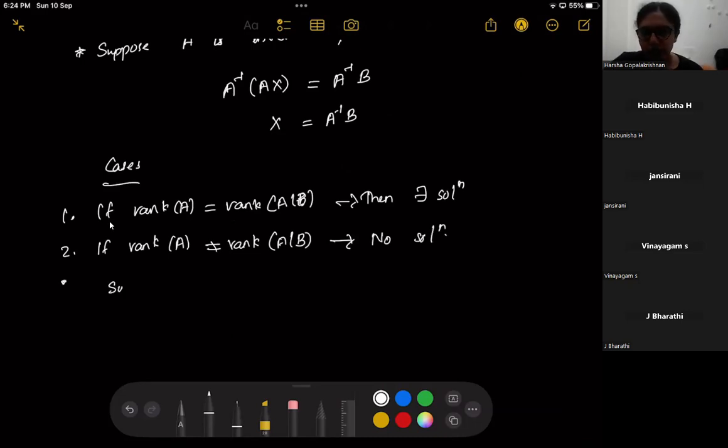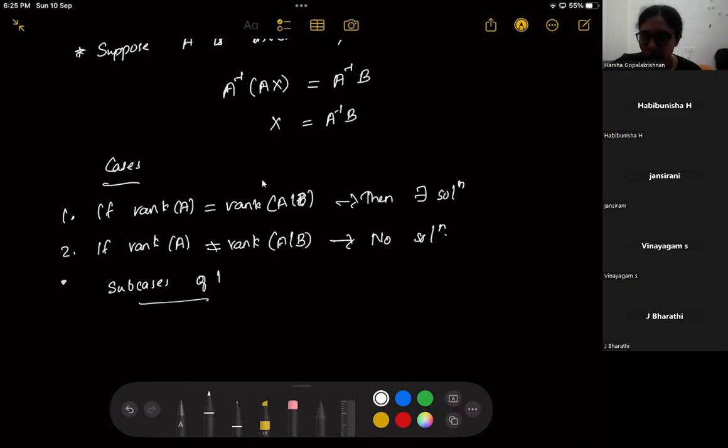So here actually one thing is, if rank of A and rank of A|B. What does this A|B mean? This means the matrix A and the column B also we are just adjoining on the side of A and finding the rank of the matrix. We are not doing any operation, just placing the B near the A and finding the rank of the matrix.